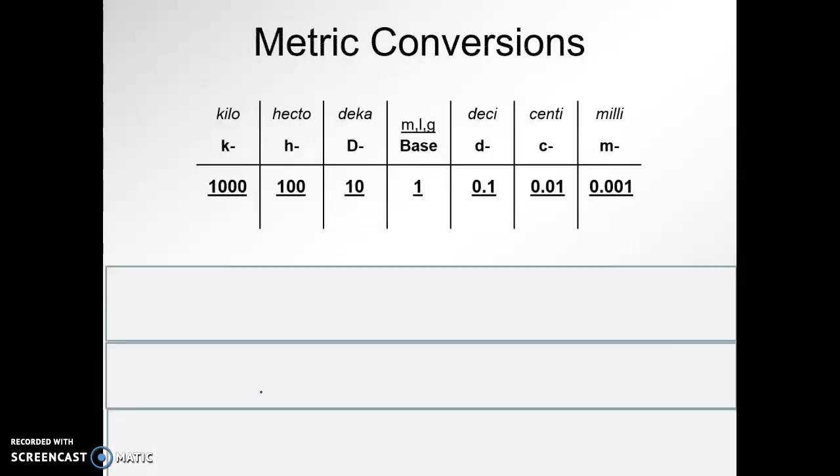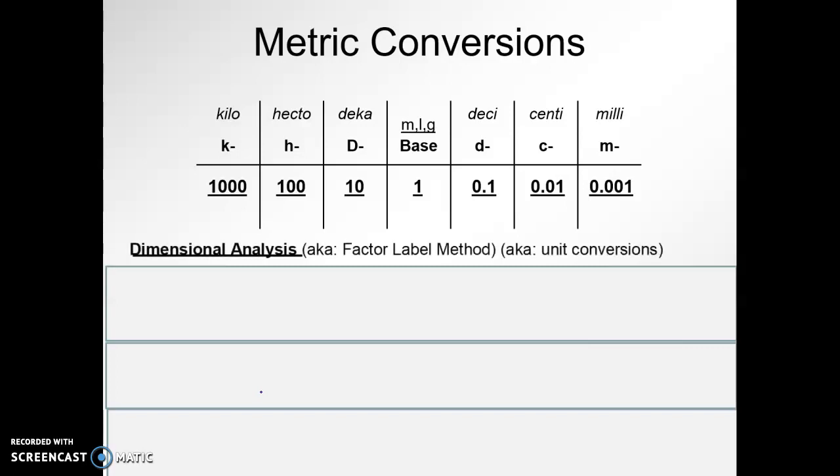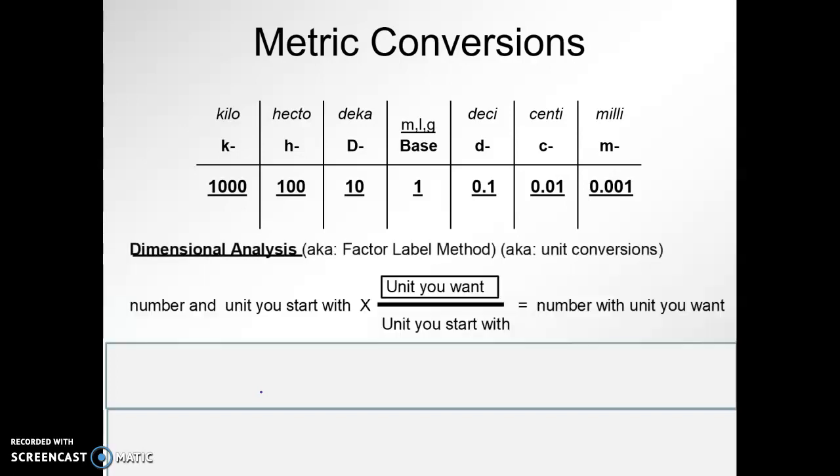All right, so there's one way to do metric conversions. You usually see this inside chemistry classrooms, but some of you may already be familiar with it, so I just want to review this method. It is called dimensional analysis. Essentially, you set up every problem in this format. You start off first with the number and unit that you are given in the problem, and then you have this unit conversion that is set up like a fraction.